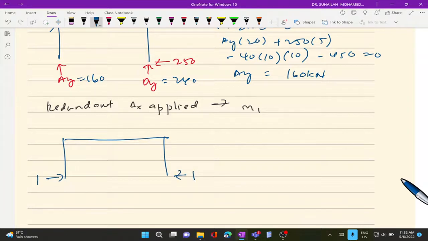So we get 1 as well for DX, and this will be 0. Okay, we label A, C, D, E, F, B. This is 5 meter, 5 meter, 10 meter, 5 meter, 5 meter.